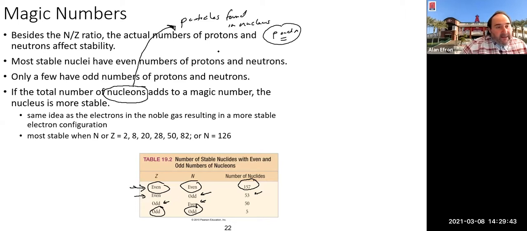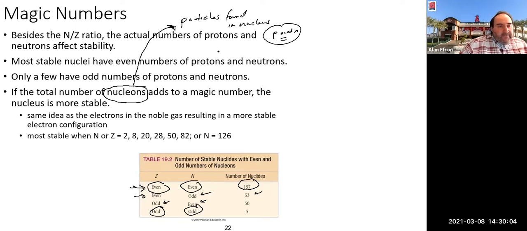So kind of like how things try to get to a noble gas configuration through bonding, it's the same idea here. Things are a lot more stable when we have neutrons or protons numbering 2, 8, 20, 28, 50, 82, and your magic number there is 126 for neutrons.